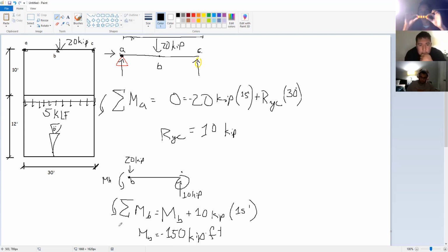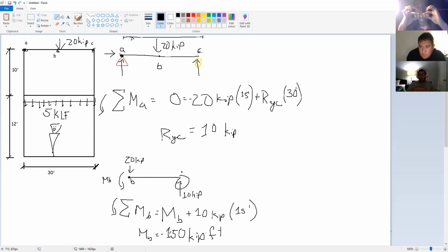So if you think about, let's say this is your beam, how much it can bend like this before it just breaks. The bending moment at point B. So this is your beam.